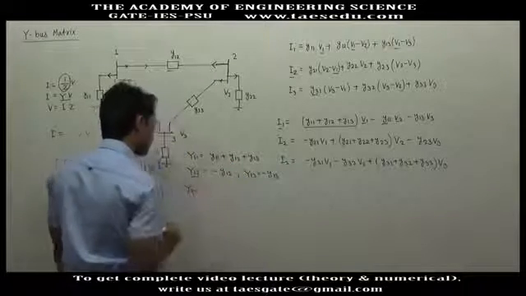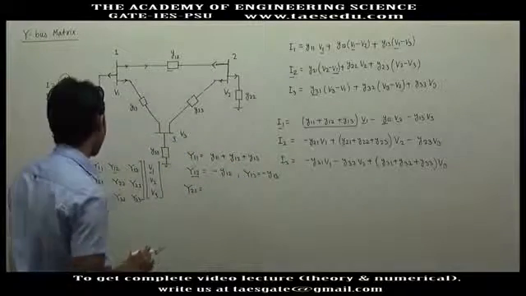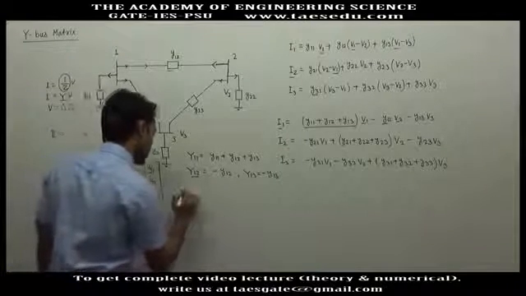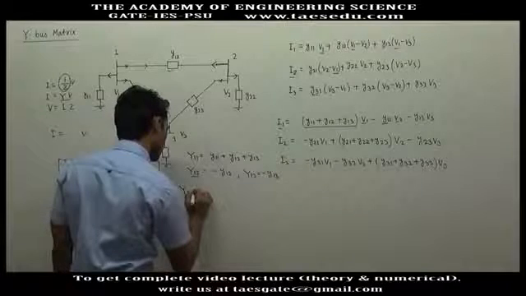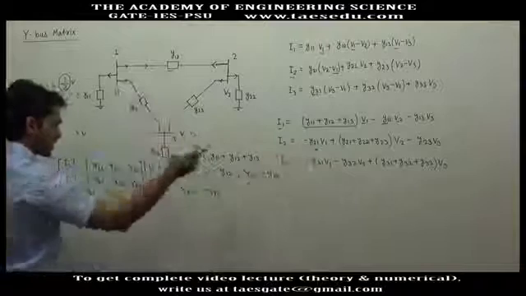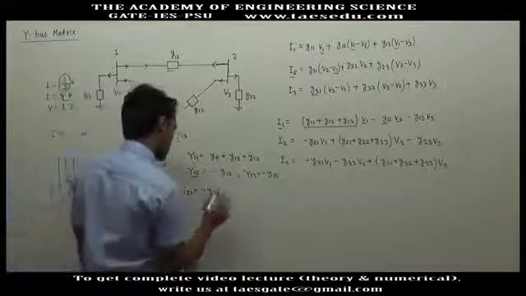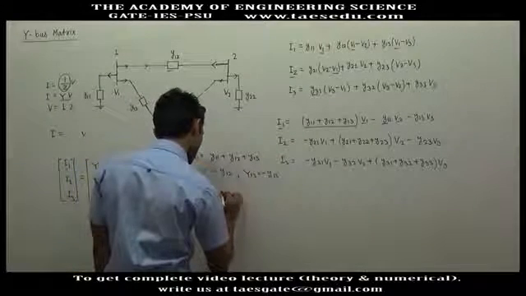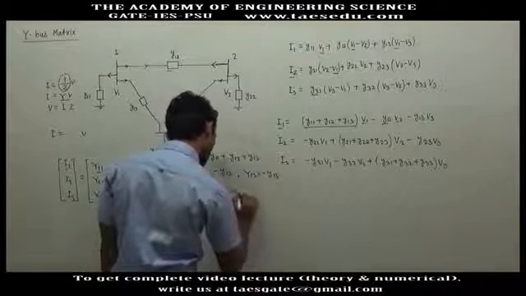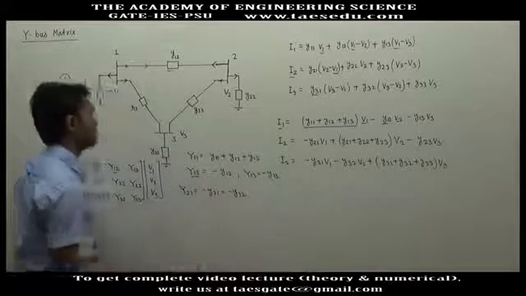Now Y22. Then comes Y21. Y21 will be minus of y, as you can compare in the second equation, minus of y21, which is nothing but y12. Y21 is equal to y12.